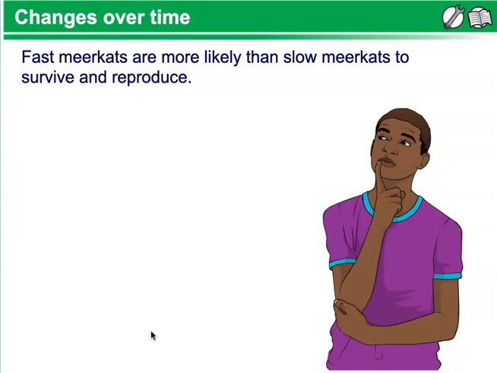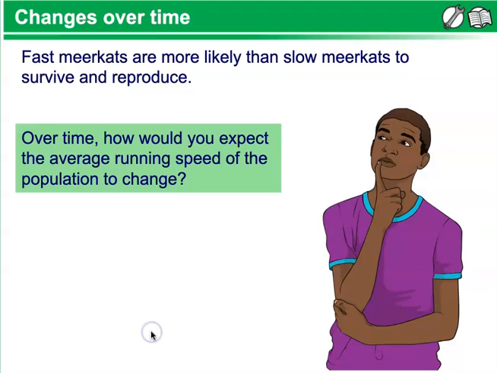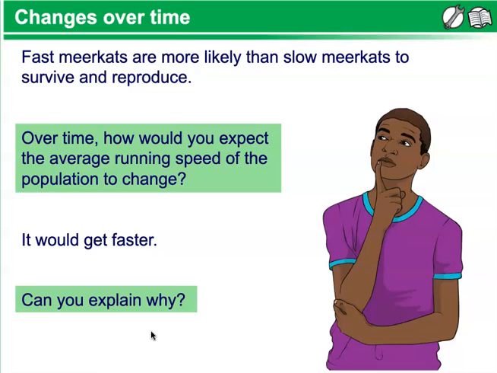Changes over time. Fast meerkats are more likely than slow meerkats to survive and reproduce. Over time, how would you expect the average running speed of the population to change? It would probably get faster. So how can we explain this?